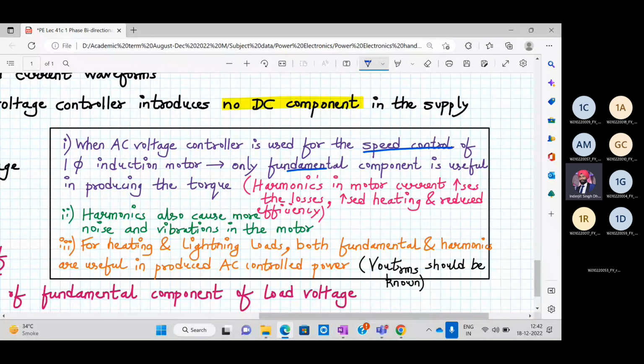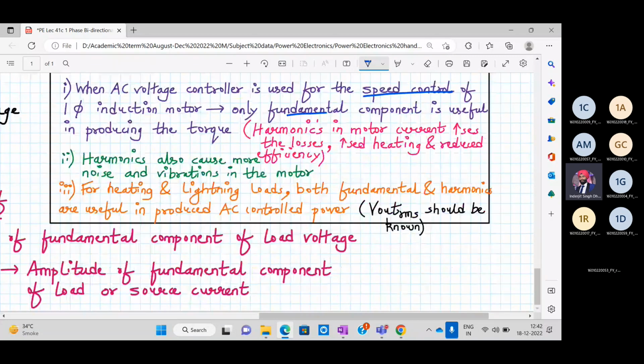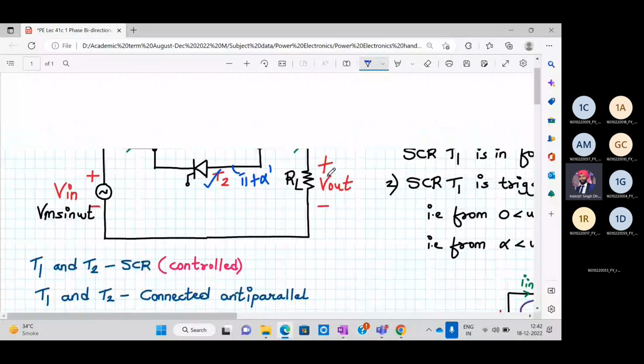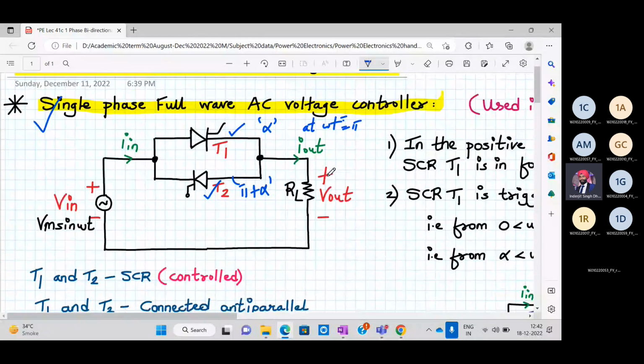The harmonics will cause noise and vibration in the motor, but for heating and lighting applications or loads, both fundamental and harmonics are useful. So V out RMS would be known to you for producing the AC controlled power. So that's it about the single phase bidirectional AC voltage controller with R load.